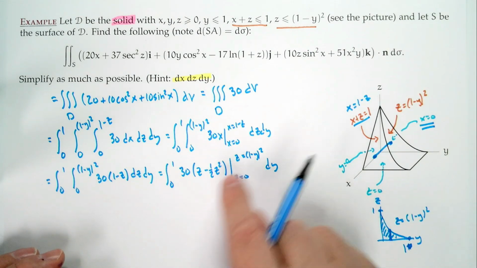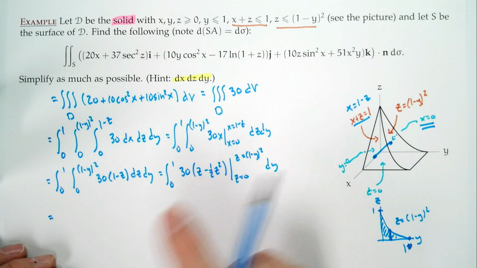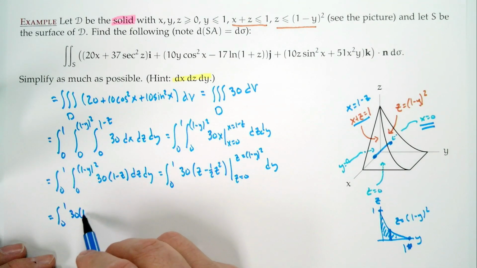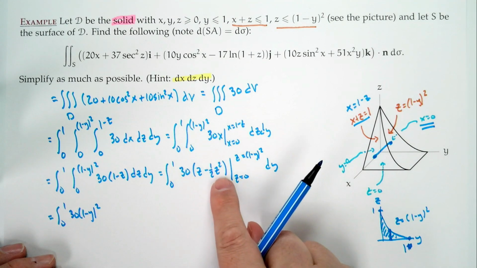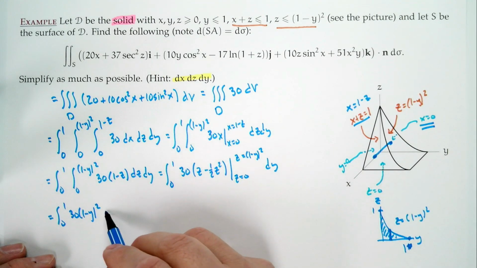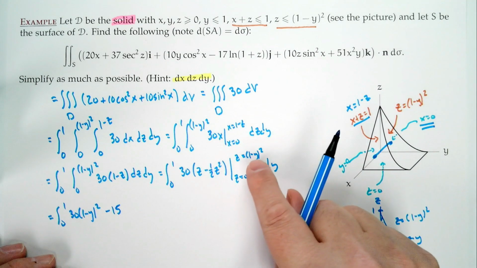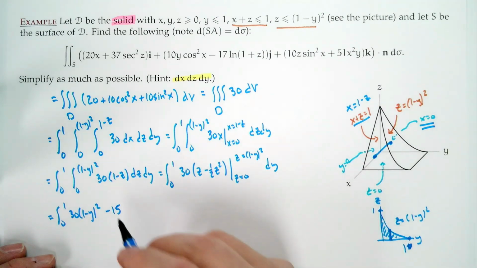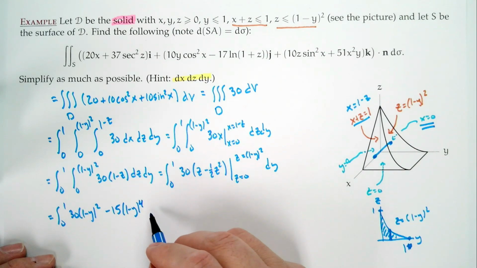Plug in 1 minus y squared, you're going to get 30 times 1 minus y squared. Now here, 30 times minus 1/2 makes minus 15. Then you're going to get z squared, which is already 1 minus y squared. So you get 1 minus y squared squared, which is 1 minus y to the 4th.